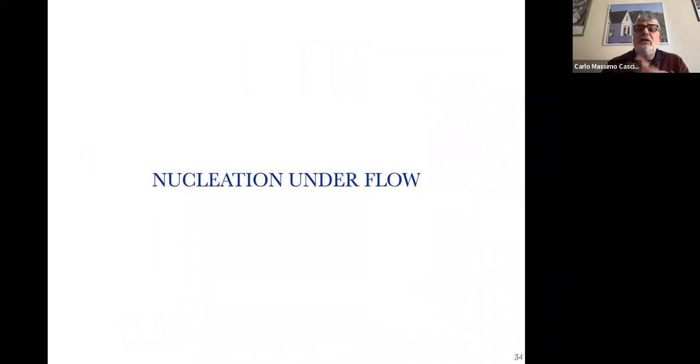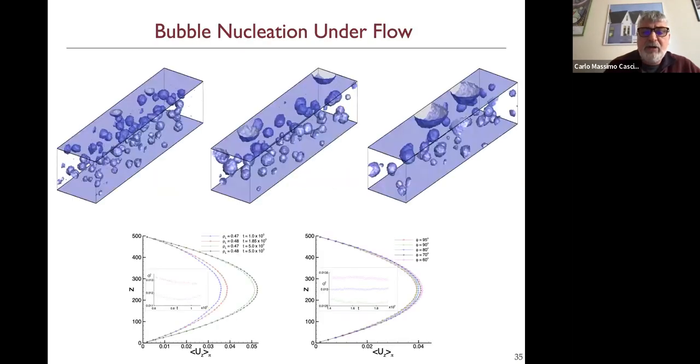Okay, now, once we have done this, we can keep on going by looking at the nucleation process induced by flow motion. So in particular, what you see here is a channel flow. So it is the flow of a metastable fluid between two parallel solid walls.